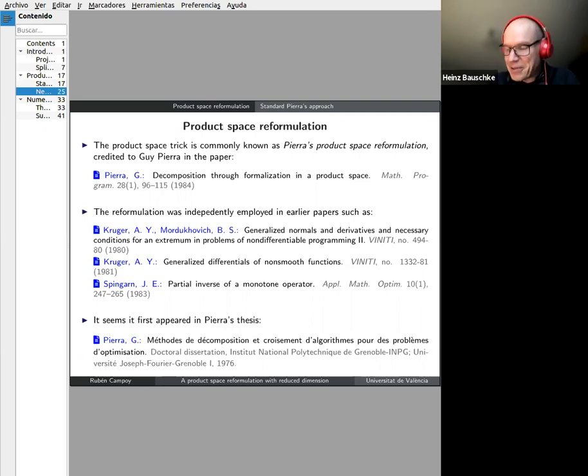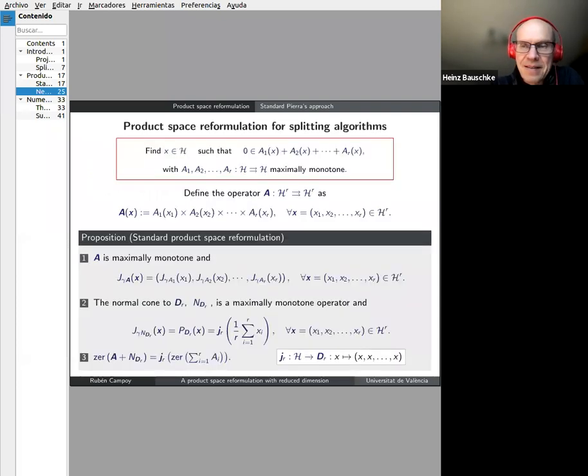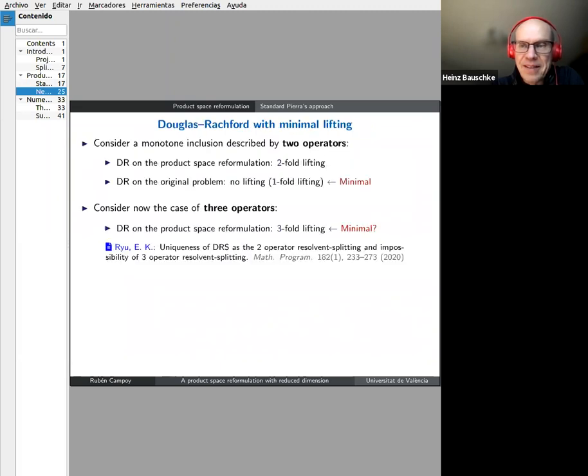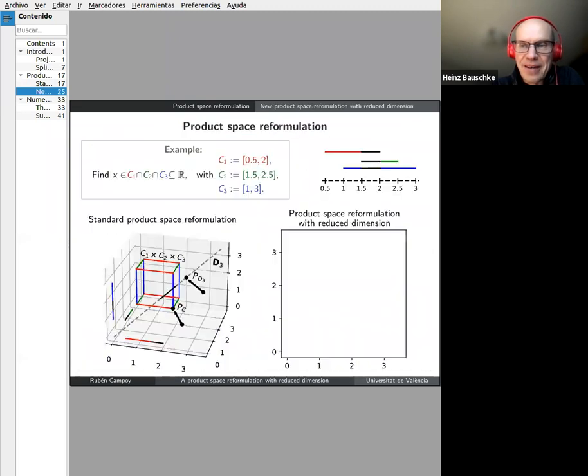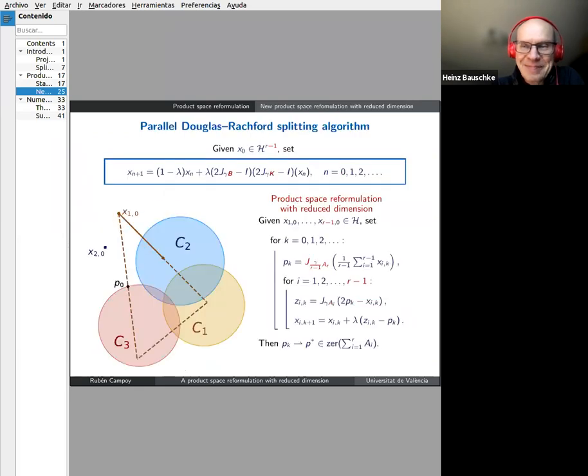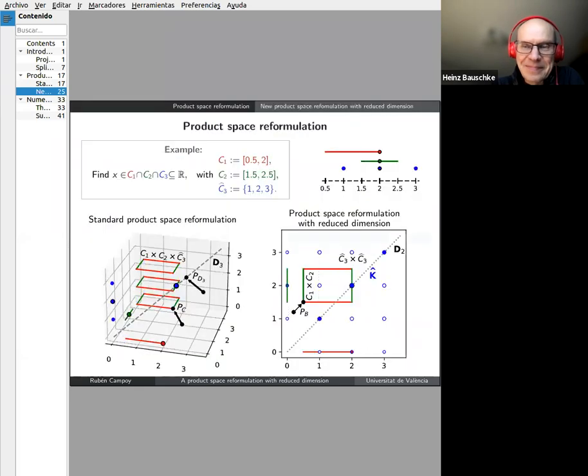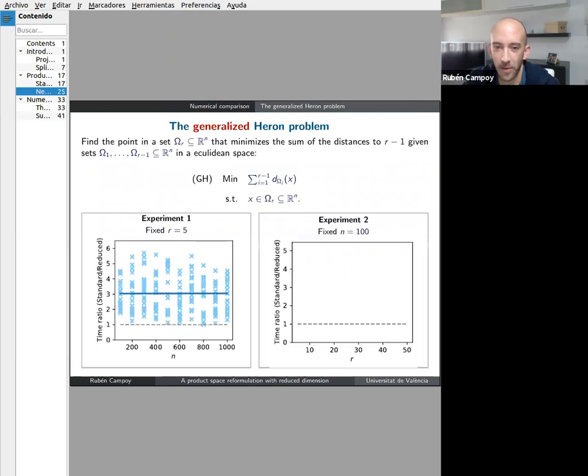So Rubén, I have one question about experiment 2. When you increased R, it looked like the classical DR started to become better and better. So if you keep cranking up R, will the classical formulation win or not? I think when I increase R more and more, then all the points would be around the line 1.